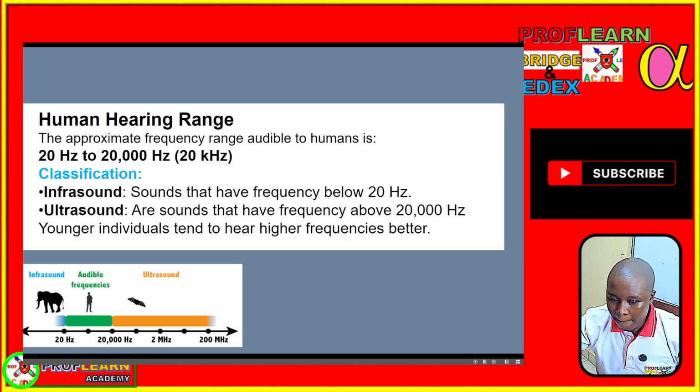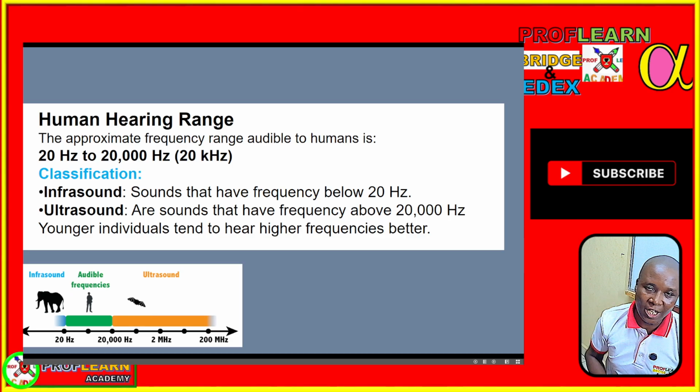Animals like elephants can detect sound which is below 20 Hertz. A human being can only hear sound between 20 and 20,000 Hertz, but some animals can detect sound above that, ultrasound.